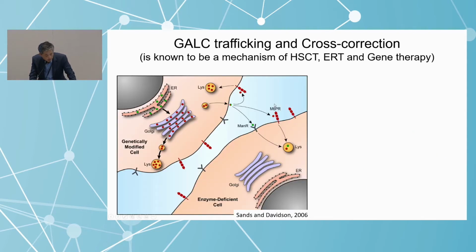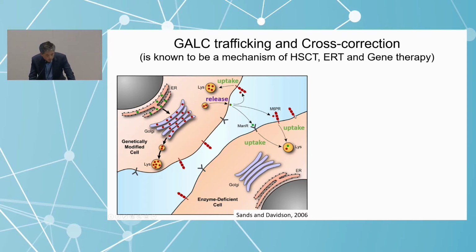So I said that some of the protein is directly secreted outside of the cells, and then taken up by the secreting cell itself, or taken up by neighboring cells. This is known to be the mechanism of the currently available therapeutics like transplantation, ERT, or gene therapy.